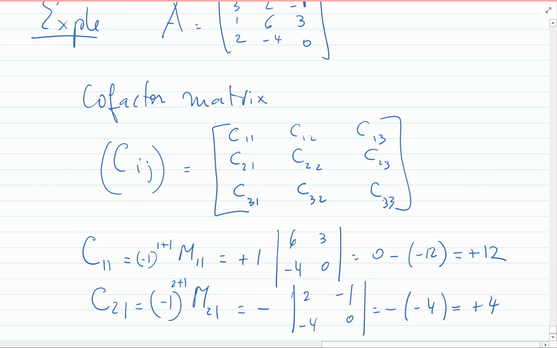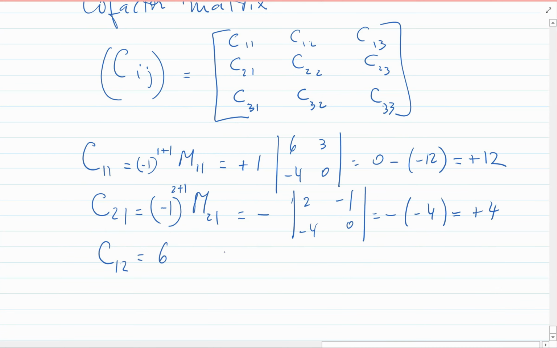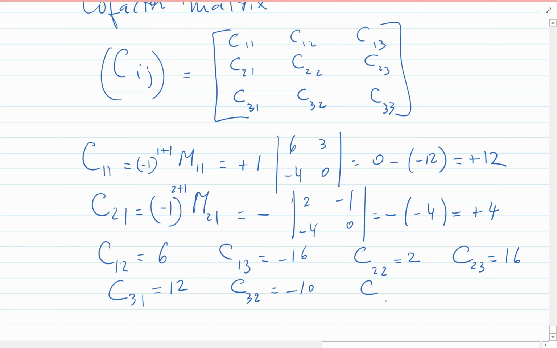Okay, so let me put the other ones. So the other ones are C12, 6, C13, minus 16, C22 equals 2, C23 equals 16, C31 equals 12, C32 equals minus 10, and C33 equals 16.